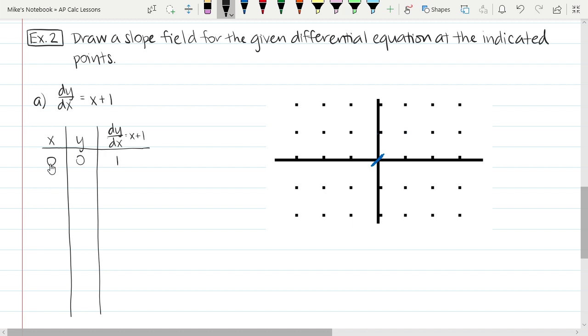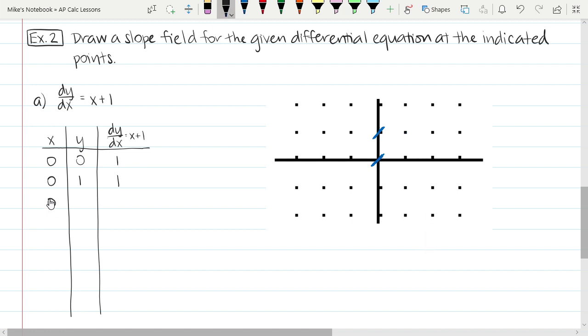So what about when x is 0 and y is 1? Well, notice in this case, it's still going to be 0 plus 1, so we're still going to just get a 1. So that means at the point 0, 1, I still have a segment with a slope of 1. So in other words, these two segments should be parallel because they have the same slope.